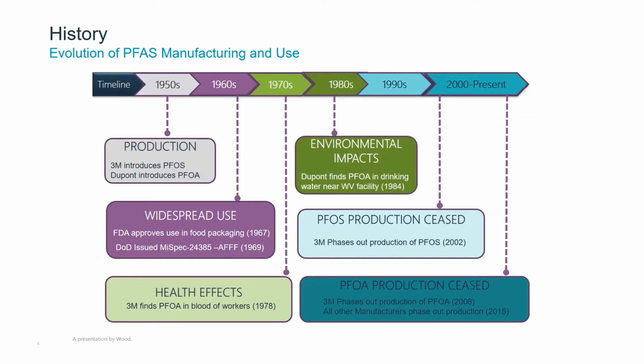PFOS is a specific chemical that we're going to talk about more as we move along, as is PFOA. Basically by the late 2000s, PFOS and PFOA production has essentially ceased in the United States, not necessarily everywhere, and levels across the population have started to drop as far as what's detected in the blood of humans. Next slide, please.